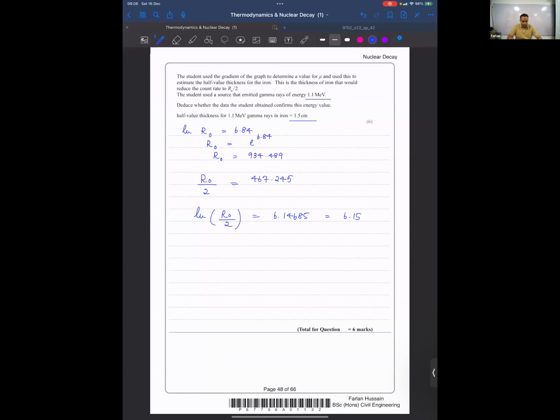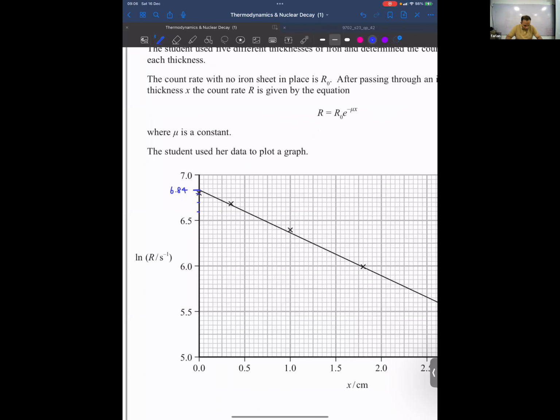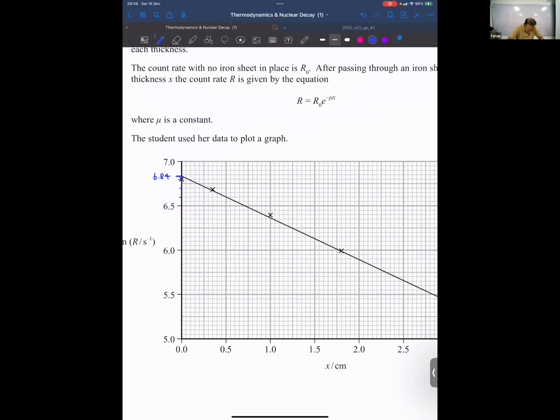So now go back to the graph and check where the ln R value is 6.15. 6.1 is here, 6.2 is here, 6.15 is here. So the thickness required is about 1.45 centimeters.